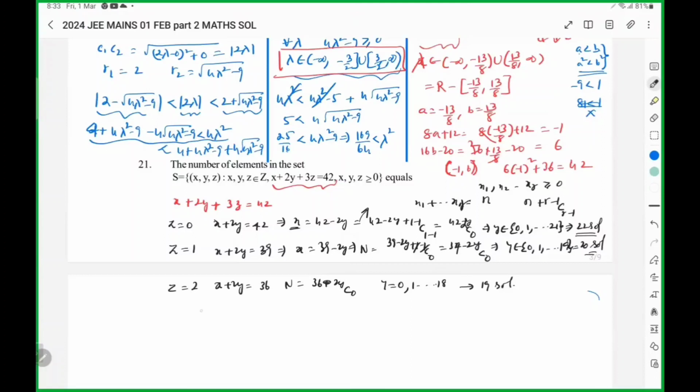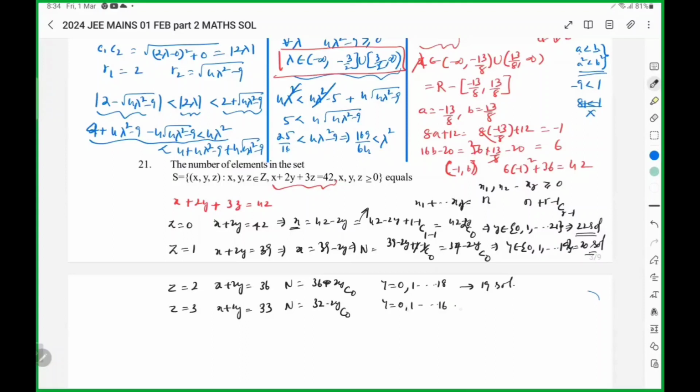Like that, Z is 3. Let us take one more. Here it is 42 minus 9, and that is 33. The number of solutions: y from 0 to 16.